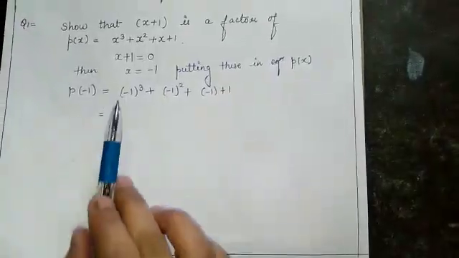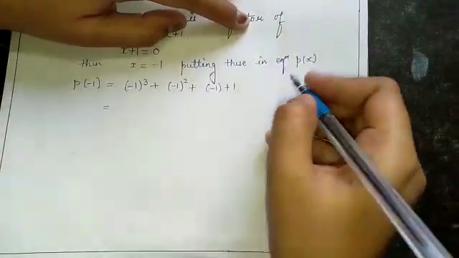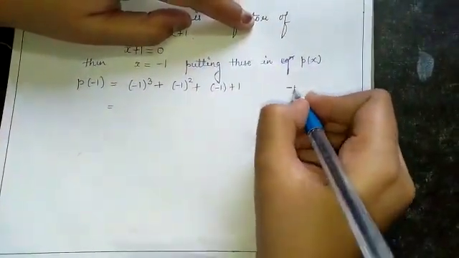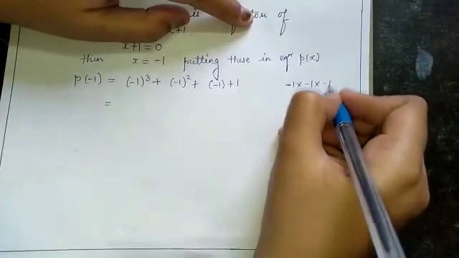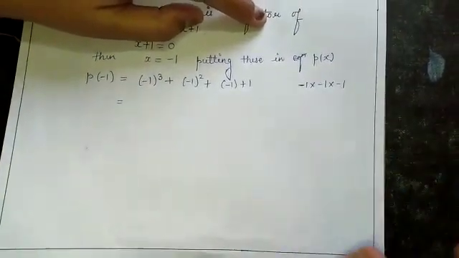Okay, here the cube of minus 1, I can solve here: minus 1 into minus 1 into minus 1, where I am going to multiply minus 1 three times.